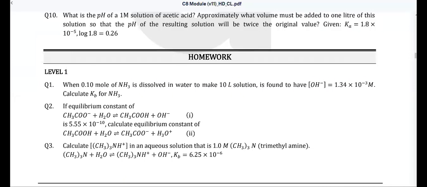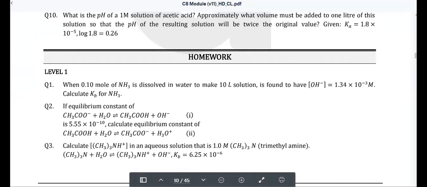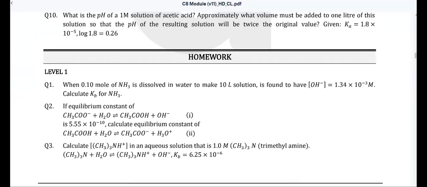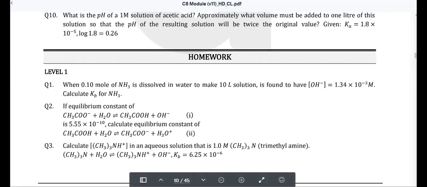No doubt? You can ask. Mansi, Chulika, Anjali, Samya, Vivek, Tulip, Sumaya. I guess no one has doubts.